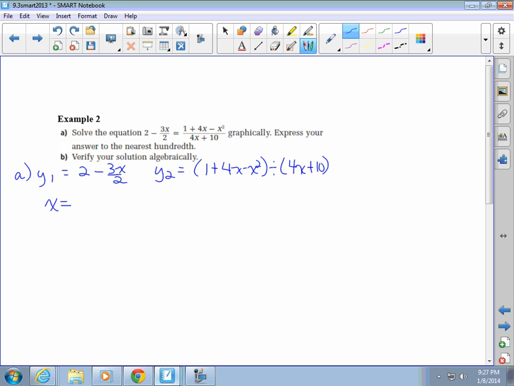So x is equal to negative 3.34, and it said to the nearest hundredth, which my graphing calculator did, and the other one was 1.14.